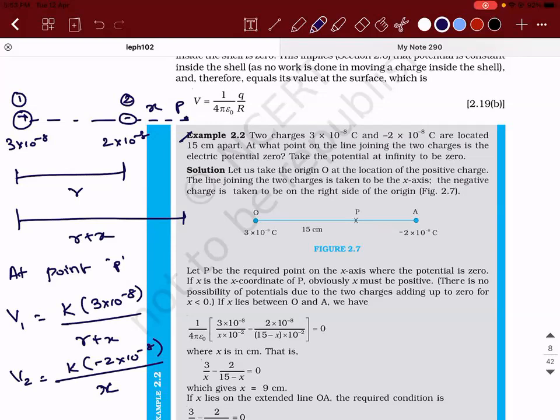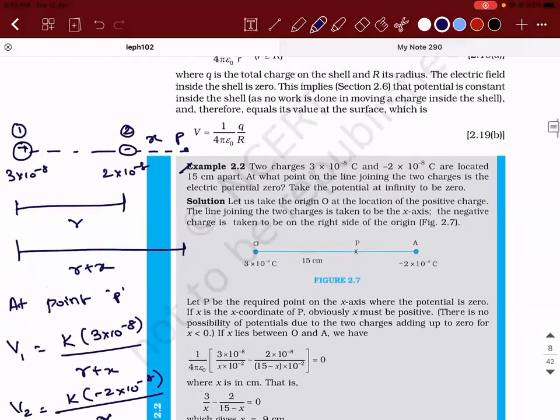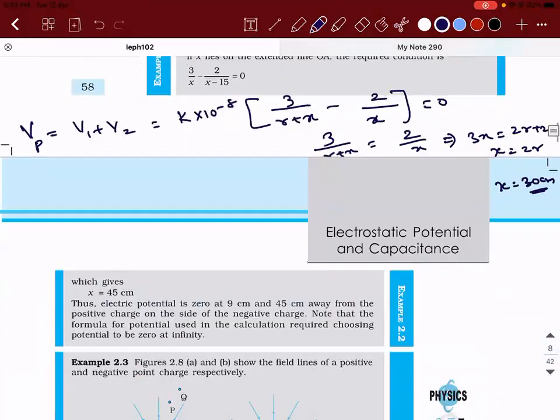But when you calculate with respect to potential, you will always get 2 points, and both the points will be closer to the charge with smaller magnitude. Why? Because potential is inversely proportional to distance. Due to all the mathematical parameters involved, it will always be closer to the one with the lesser magnitude. I hope I'm clear, right?